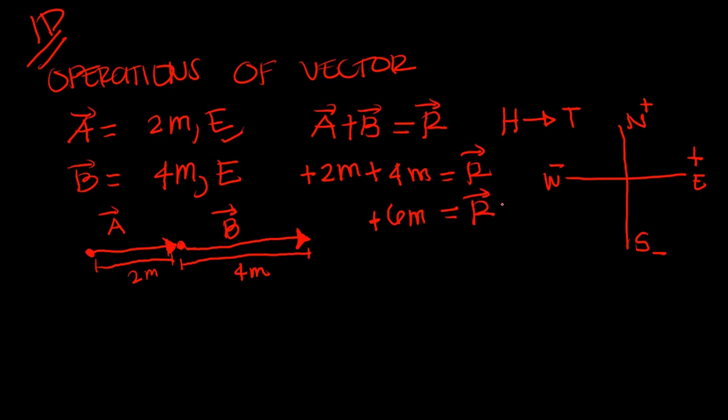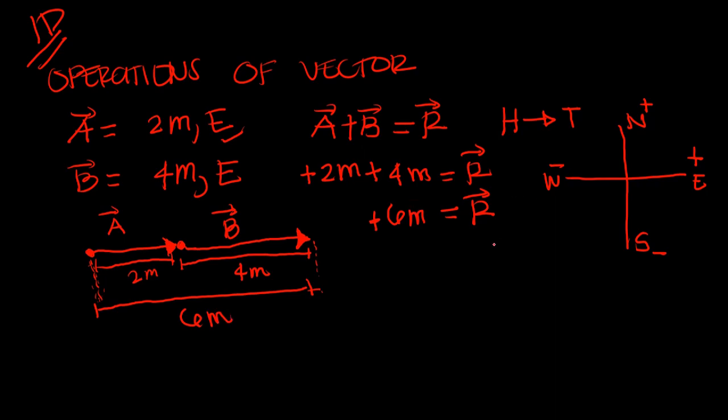And that is your resultant. It means that if you measure the combination of these two vectors from here to this point, it is about 6 meters.